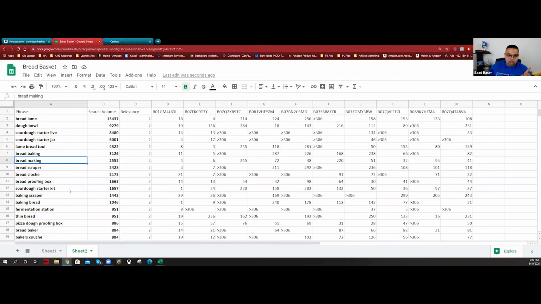Or also what you can do with these: maybe I find a keyword with high search volume and relevancy to my product that I can use in my PPC as a substitute keyword in my broad match and phrase match to be able to find more other keywords.